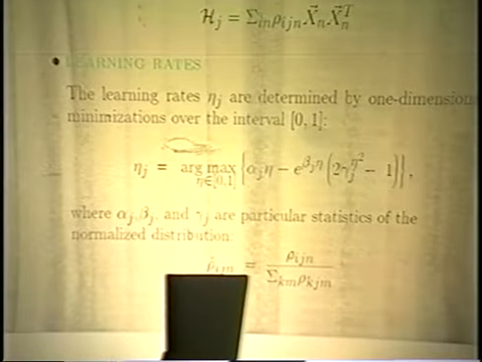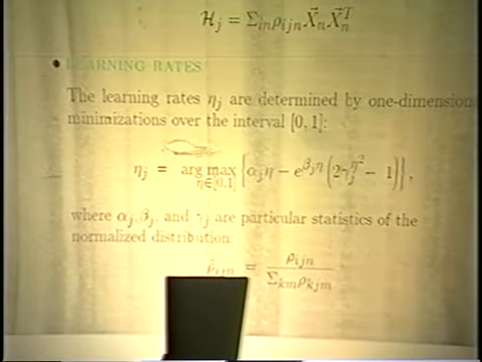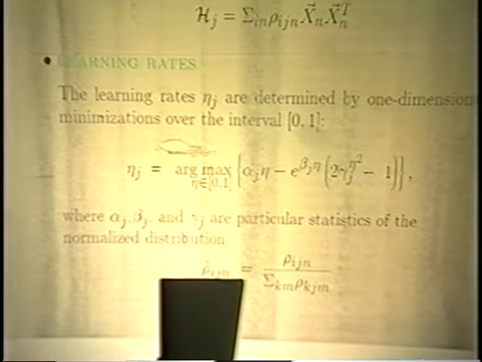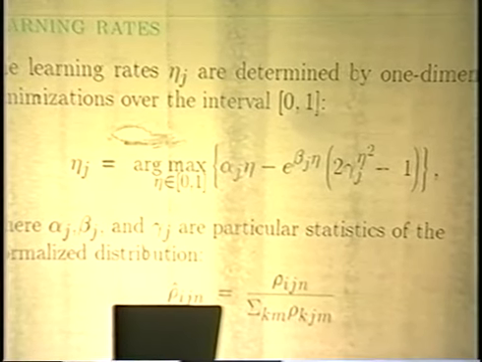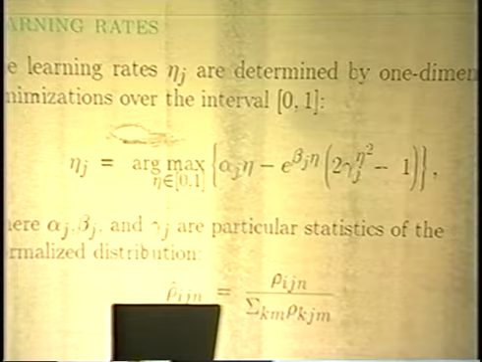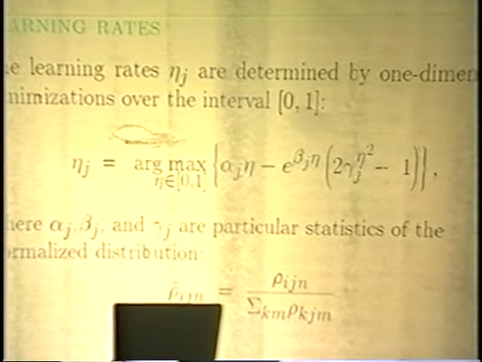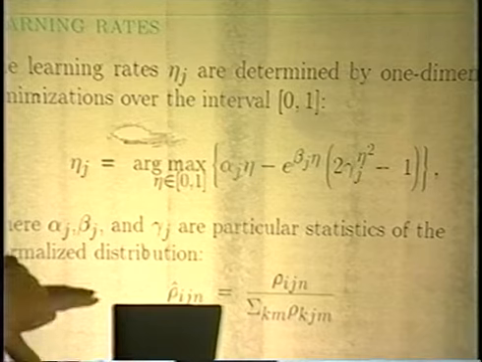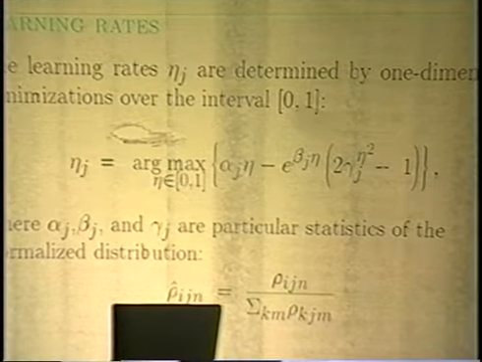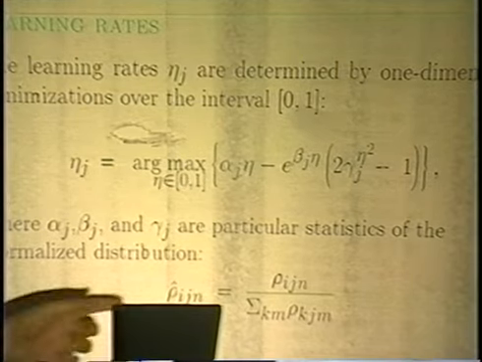The learning rates are basically, for each basis function, a very simple one-dimensional minimization over the interval 0, 1. What you do is collect a few statistics of the distribution formed by those weighted responsibilities. I have a set of positive numbers, and I can always turn them into a distribution by dividing by their sum.